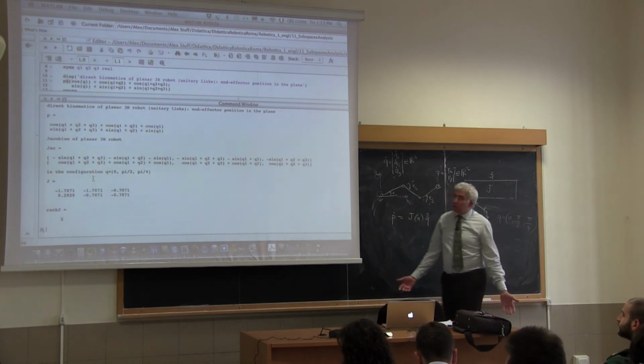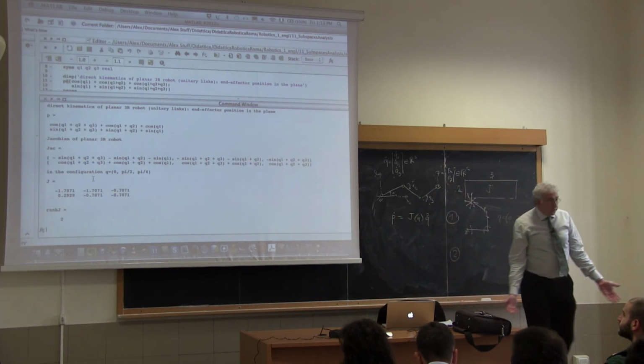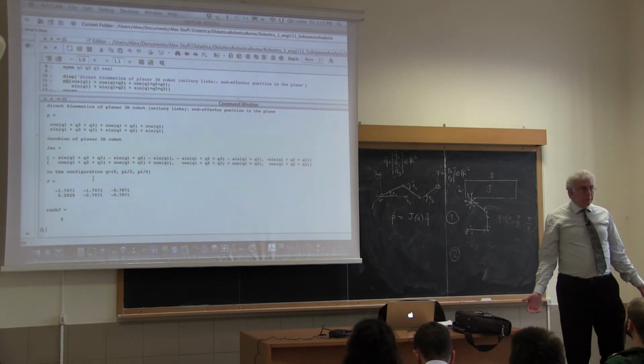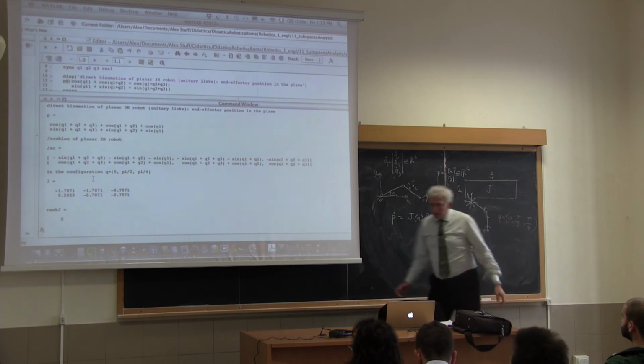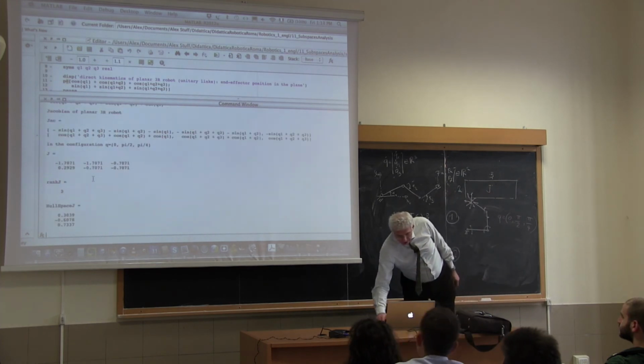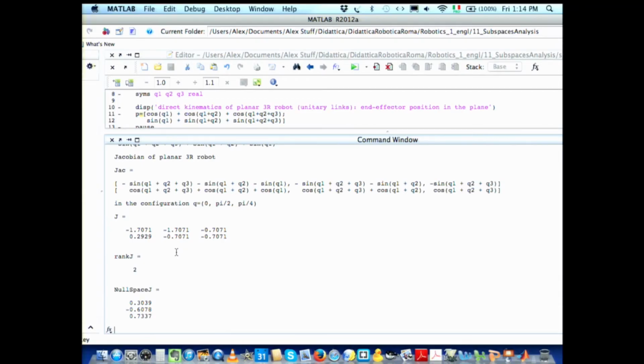So it's always possible. So let's see if this intuition is correct. First we compute the rank, and the rank is 2. It cannot be larger than 2, because this is a 2×3 matrix. So we are in the non-singular case. And the null space, this is another operation that Matlab computes easily. It gives you a basis for the null space.